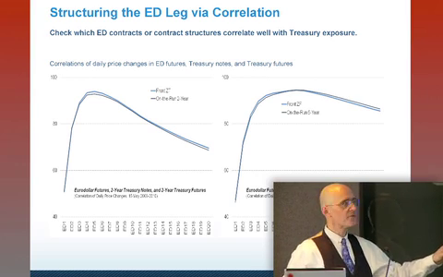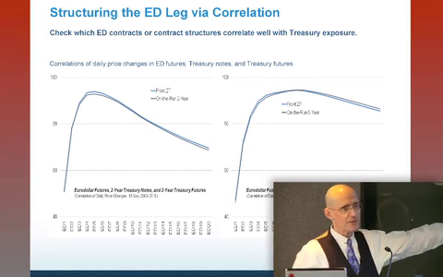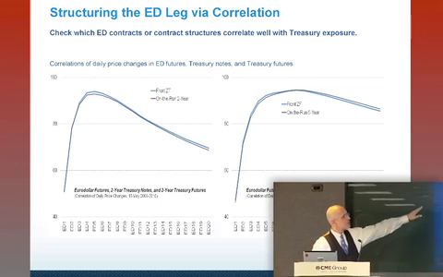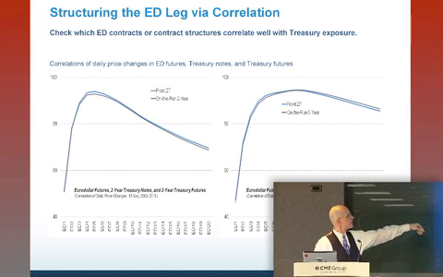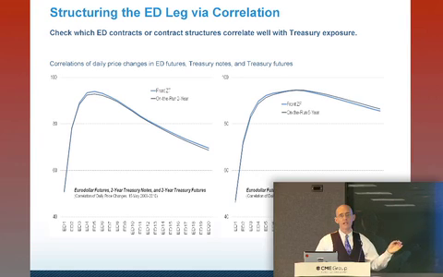An alternative, for people who have known me a lot of years, you've seen this picture a lot over the years, you can choose on the basis of correlation. And that's sensible. For a lot of purposes, you might want a euro-dollar futures contract that correlates highly with your Treasury note or Treasury futures contract.